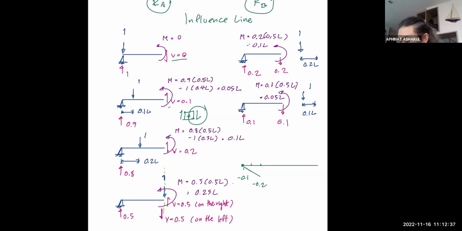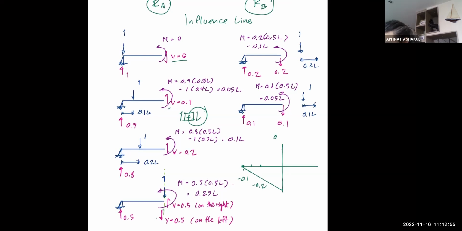You see, we now have the shear in both directions. So when you reach the midspan, in fact, your shear now has both negative and positive value. And that is 0.5. And that is minus 0.5, right?